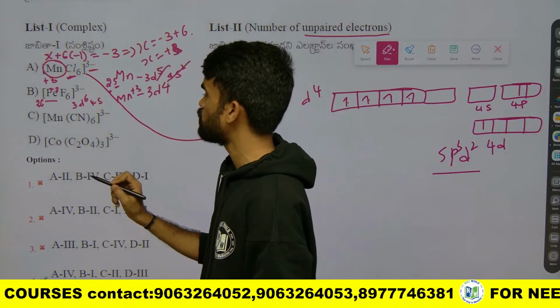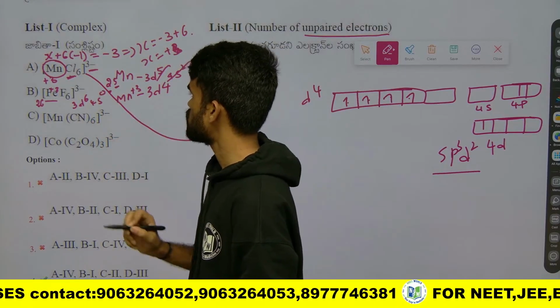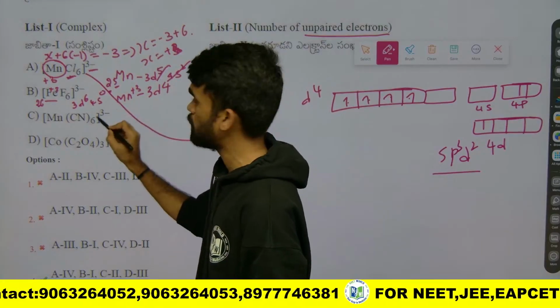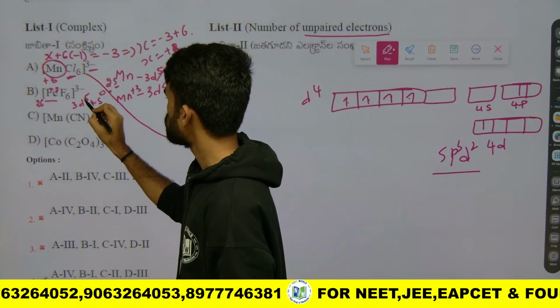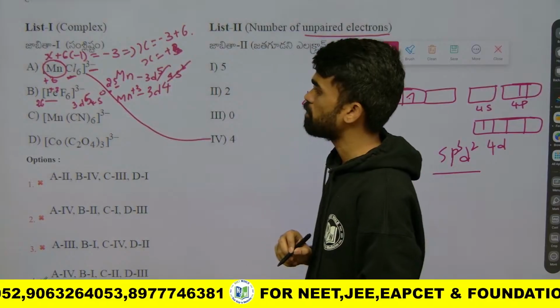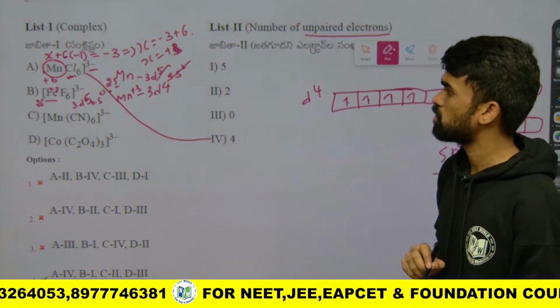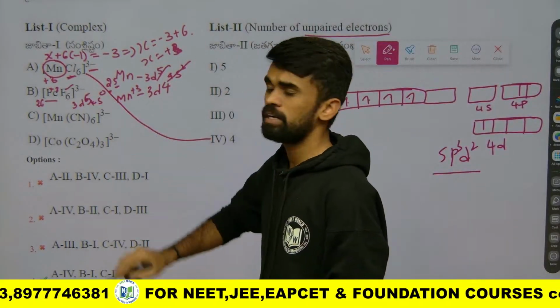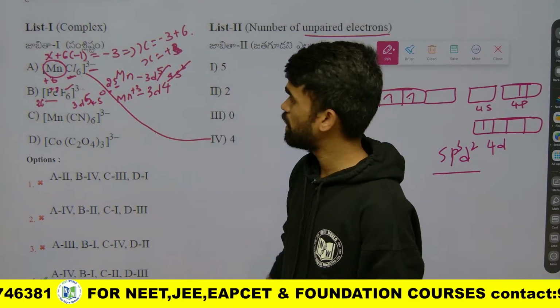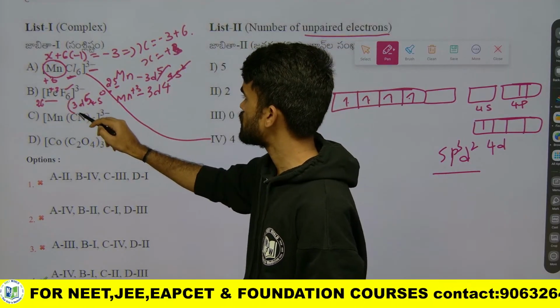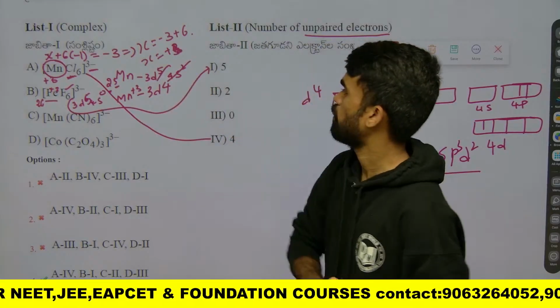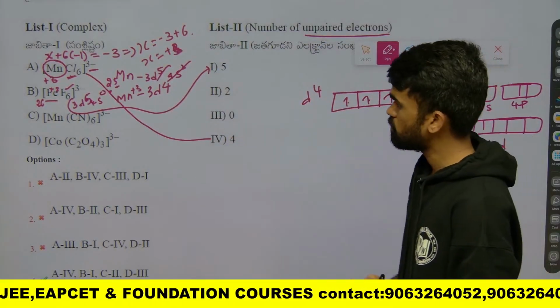From here you need to remove 3 electrons: remove 2 electrons from the s orbital and 1 electron from d. So it will become 3d5. How many unpaired electrons are there? 5 unpaired electrons. And fluoride ion is a weak field ligand, therefore the 5 unpaired electrons remain like that only. So here 5, so B5. Like this we need to solve.